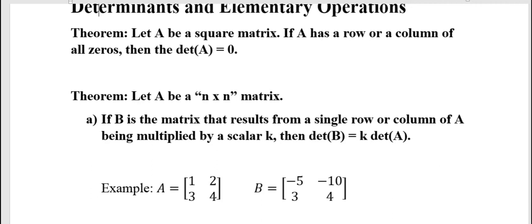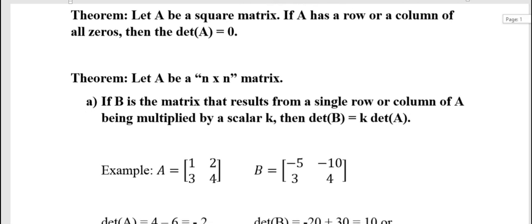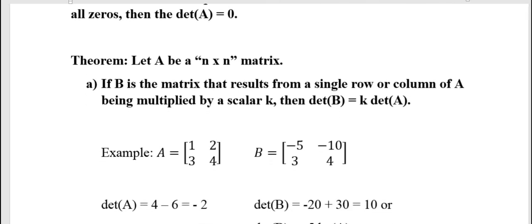If B is a matrix that results from a single row or column of A being multiplied by a scalar k, then the determinant of B is equal to k times the determinant of A. Now I'm giving an example here to show you what this particular theorem says, and what they're trying to say is that you should be able to easily get the determinant if you know something about how the rows or the columns are fixed up for a particular matrix.